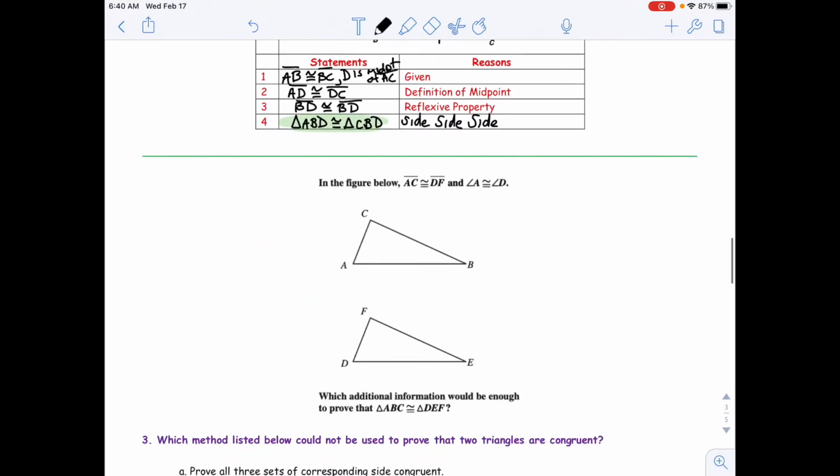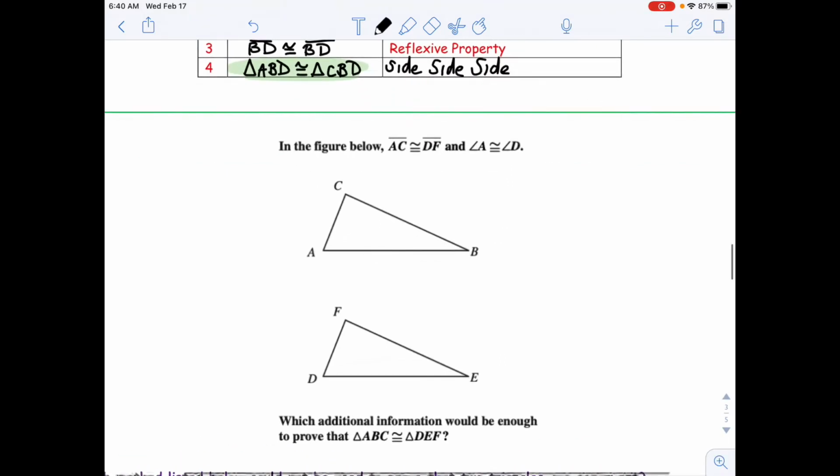Now, refreshing more stuff in our brains. In the figure below, if AC is congruent to DF, so again, just draw on our pictures. Drawing tick marks is very powerful. Now again, it seems like a lot of students forgot this. Angle A is congruent to angle D. Arc marks.